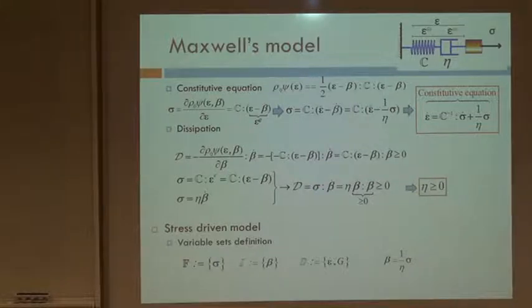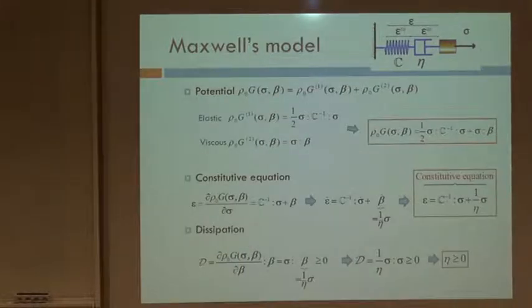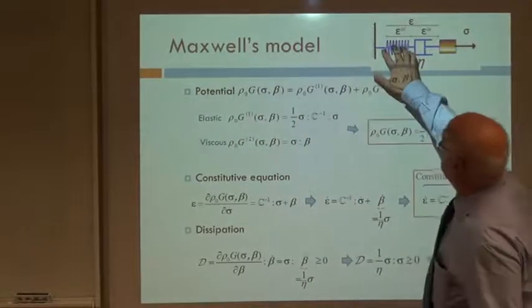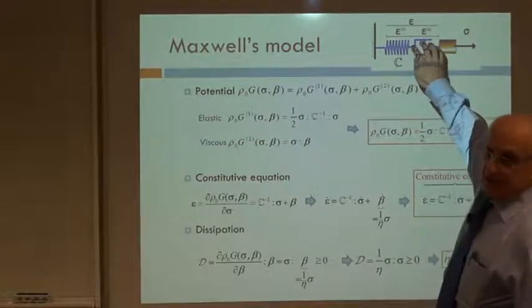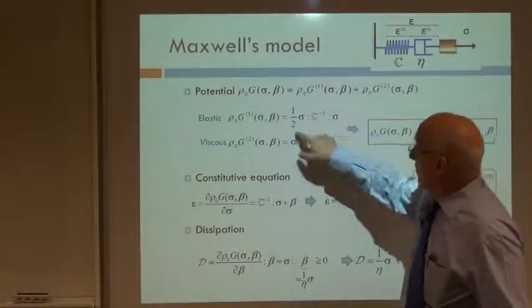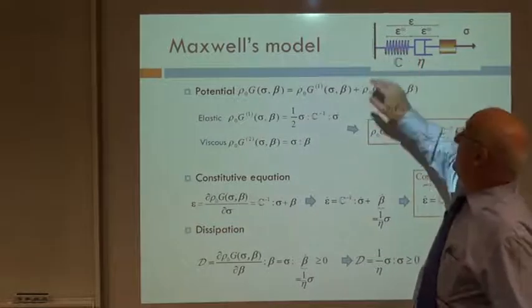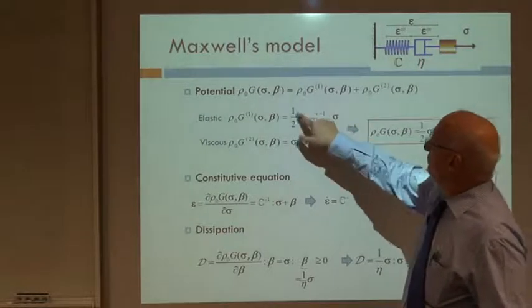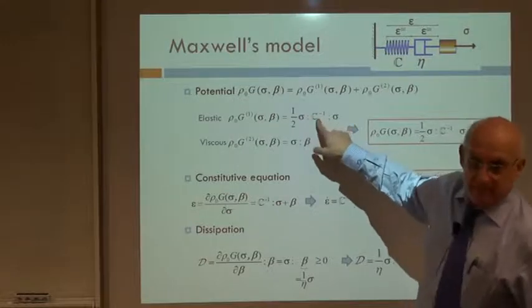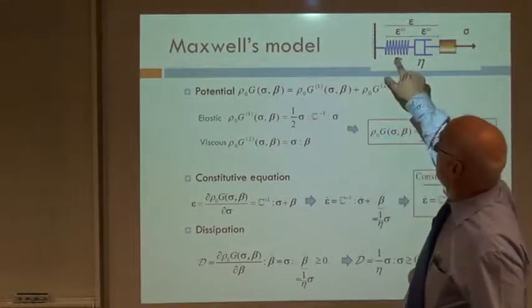Okay? So the Gibbs potential would be the Gibbs potential of model 1 plus the Gibbs potential of model 2. The Gibbs potential of model 1, since it's an elastic material, has to be 1/2 of the quadratic form of the stresses in terms of the inverse of the elastic properties.